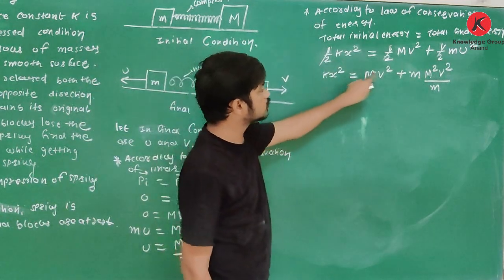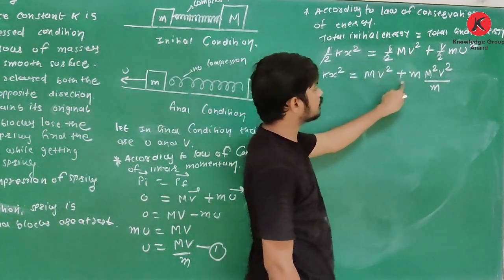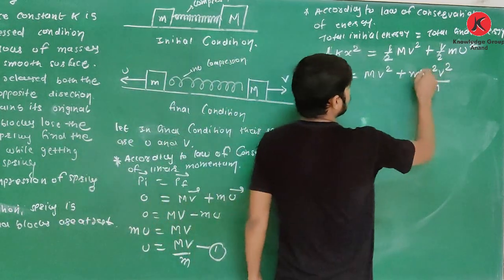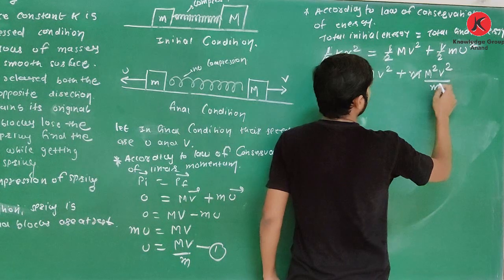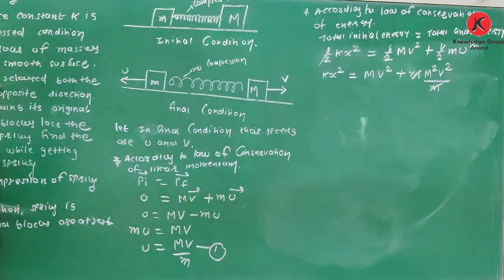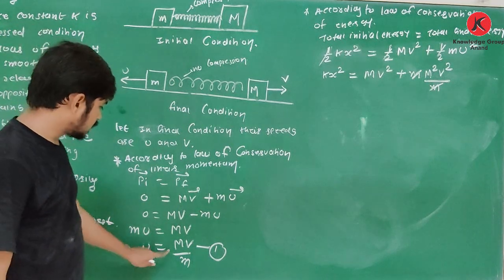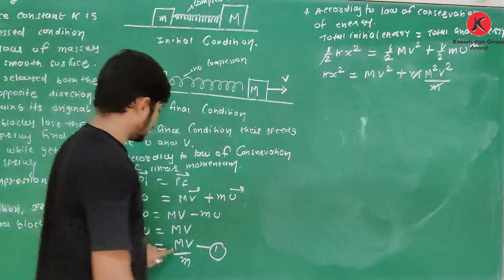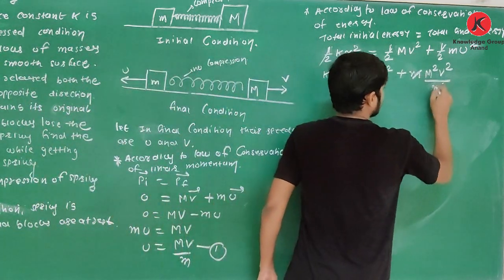kx square is equal to capital M v square plus small m u square. Now put the value of u. So yes, you will get this m cut, and this m cut. So here it is half mv square, here it is m square, here it is m square.